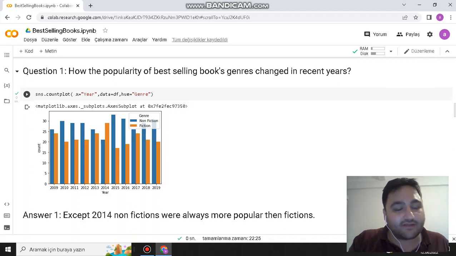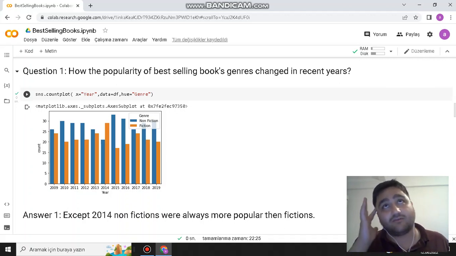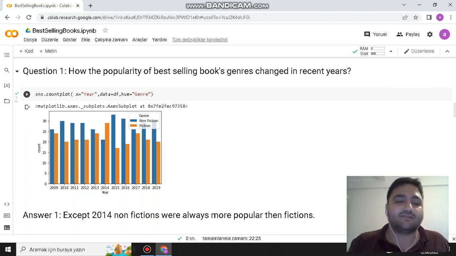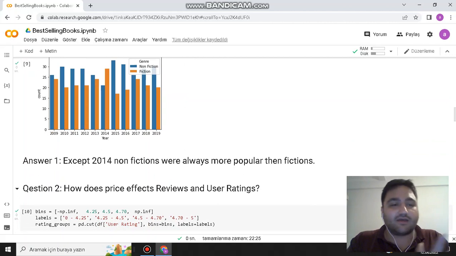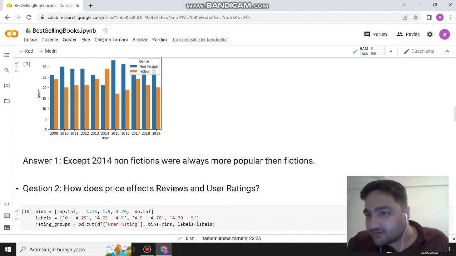This is a popularity data, and I don't have a problem with extreme data. Like if some book has an extreme review or extremely lower user rating, it doesn't, you know, break the data complexity, I think.